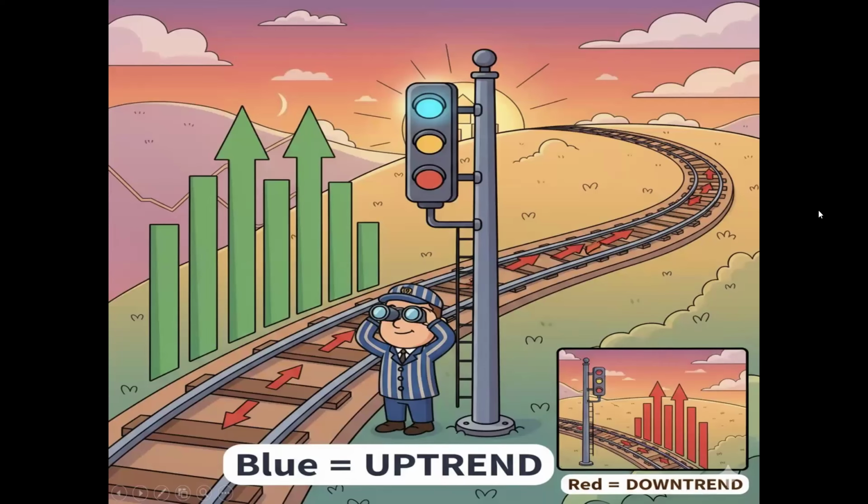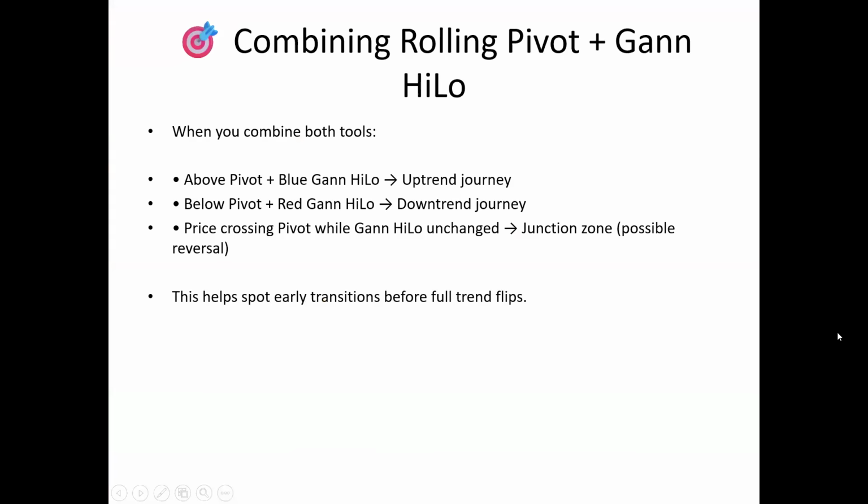So remember, Gann Hilo blue is equal to uptrend, red is equal to downtrend. Signal must be right. When you combine these both tools, above pivot plus blue Gann Hilo, you are going to have an uptrend journey.